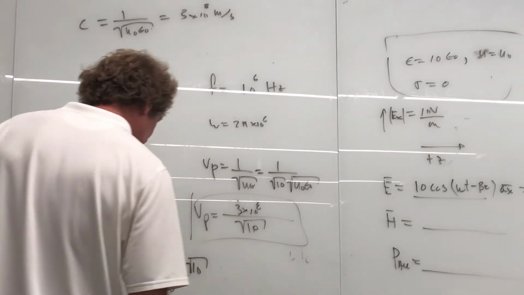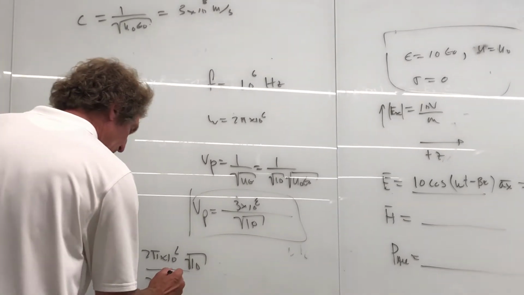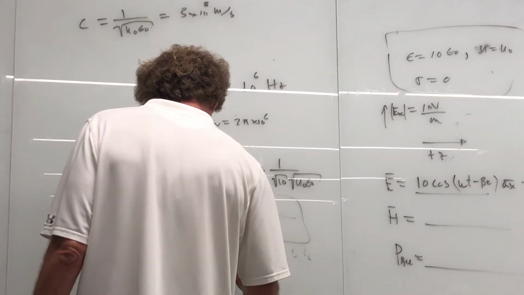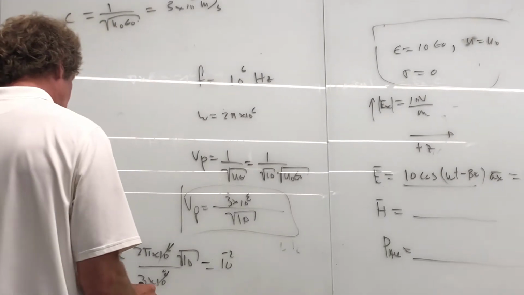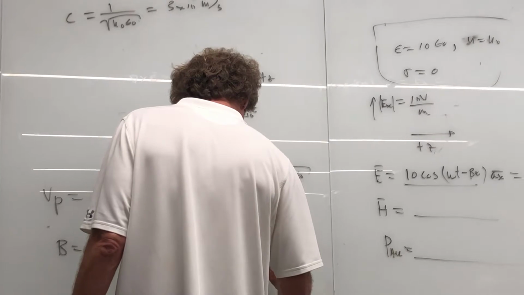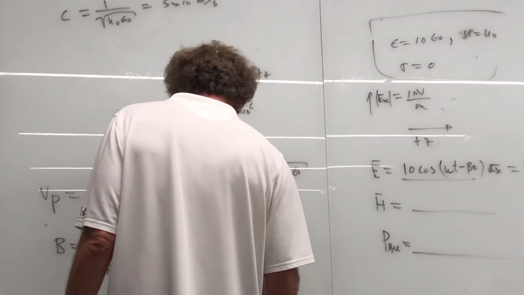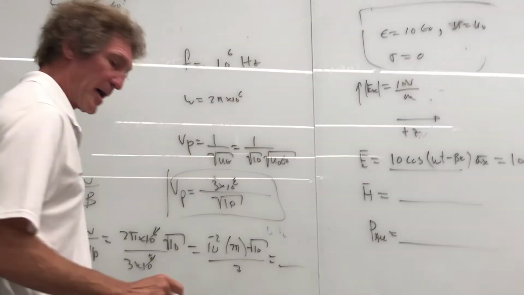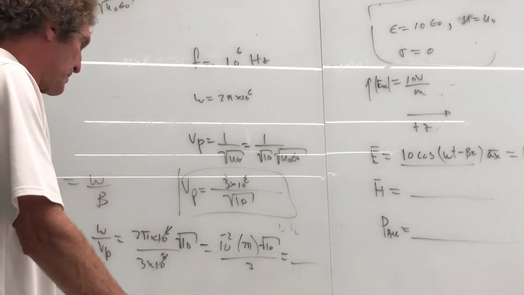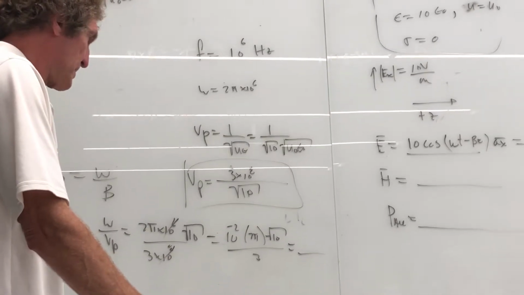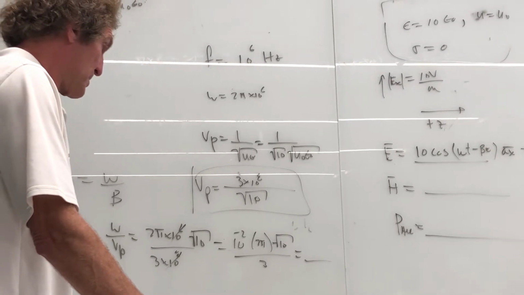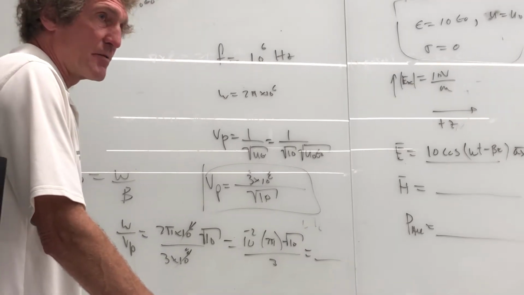You can see what happens here: 10 to the 8th and 10 to the 6th gives me 10 to the minus 2. And then I have the square root of 10 times 2 pi over 3. I don't know exactly what that is, but that's calculable. 6 over 3 is 2, times the square root of 10 is about 3. So it's about 7 times 10 to the minus 2, is that right?